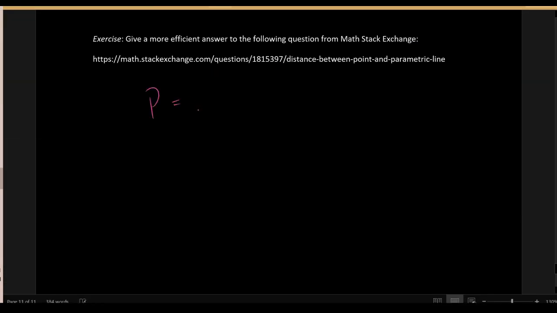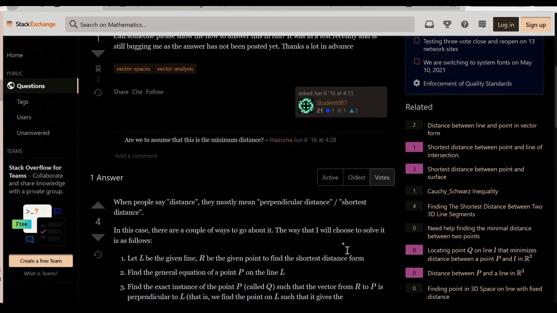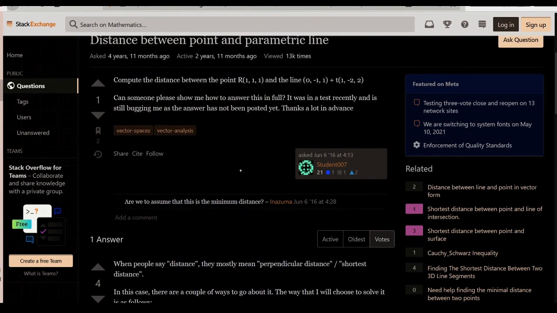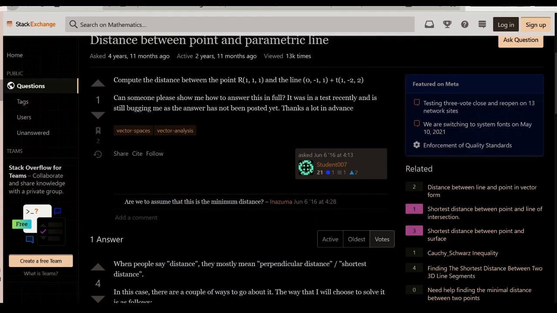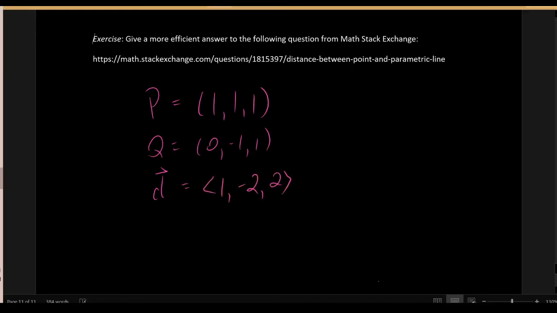So in this case, the student has the point P equals 1, 1, 1 in space, and the student's line passes through the point 0, minus 1, 1, and the vector has the direction 1, negative 2, 2. And so the vector passing from P to Q is equal to terminal minus initial.